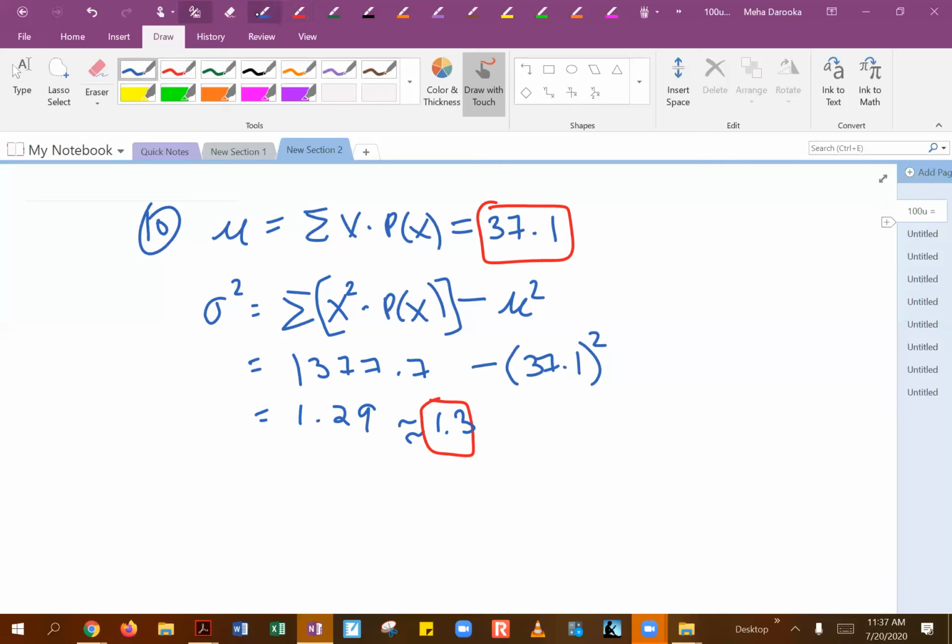Now, when you're calculating your standard deviation, remember this is where we take the square root of our variance. So when you're taking the square root, take the square root of 1.29, and what does that end up giving you? Okay, Lily, you've got 1.14.